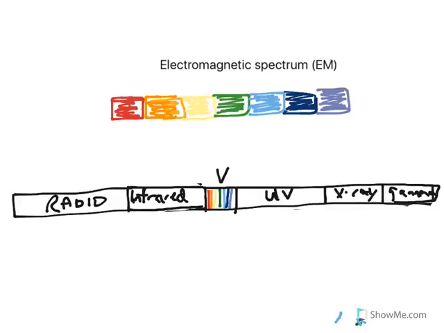Then you have the visible band, and notice that the red color of the visible band is on the infrared side, or on the radio side, which is the long wavelength side. So we can go ahead and label this side as the long wavelength side, or the short frequency side, more commonly referred to as the low frequency side.